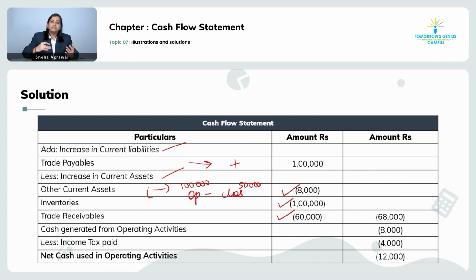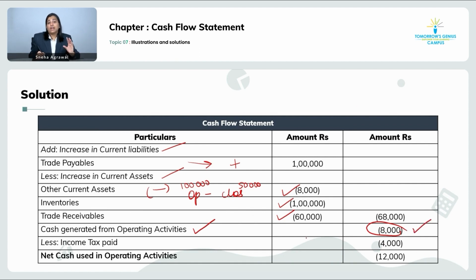Once you are done recording changes in working capital, you get to know the cash generated from the operating activity. See, it can come out negative also, right? We also incur losses in our organization. It is not just that we earn profit. In this example, you will see that although we have earned a profit, in operating activity, which is my primary business or the main purpose for which I'm doing the business, I am incurring losses.